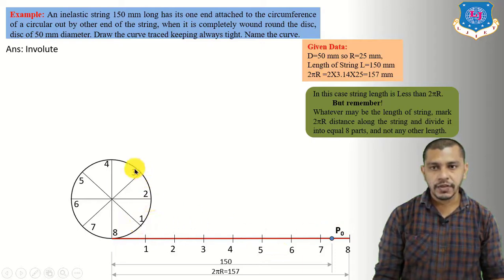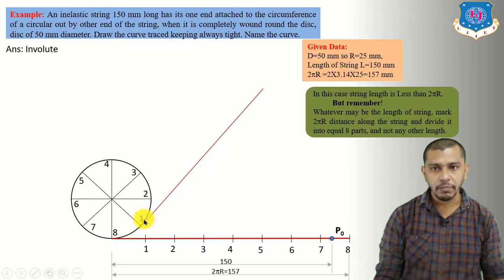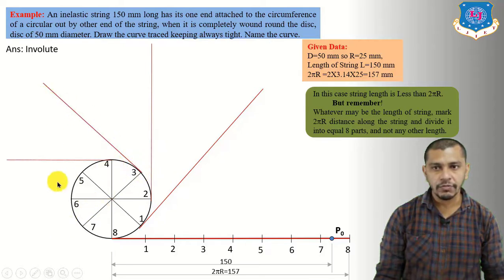From points 1, 2, 3, 4, 5, 6, 7, 8 on the circle, draw tangents to the circle. From 1, draw the tangent, and make sure that the tangent is perpendicular to this particular diameter of the circle. Draw the tangent from 3 perpendicular to its diameter, and likewise from 4, 5, 6, 7.